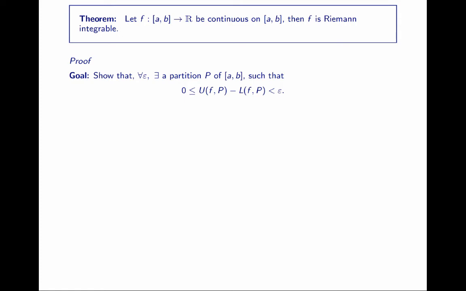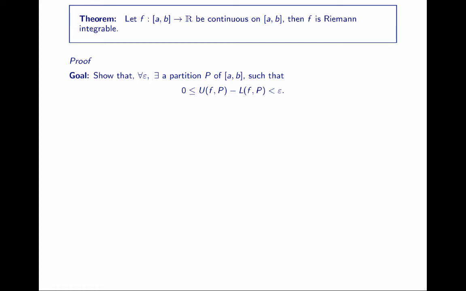Now, our proof is we're going to show that the infimum of the upper sums equals the supremum of the lower sums by showing that for any epsilon, there's a partition P for which the difference of the upper sum and the lower sum is less than epsilon.